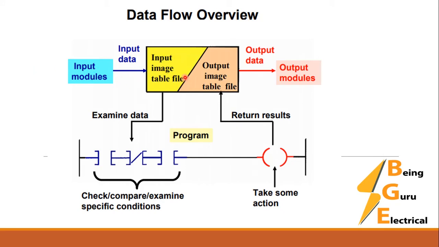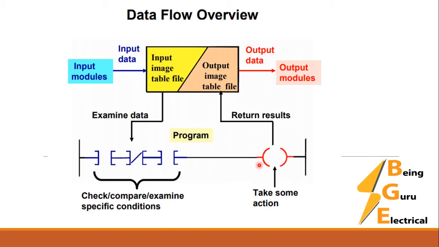So we have this ladder logic, and this ladder logic has some NO and NC contacts, and it has a program. This program is getting the data from this input image table, and based on this input image, it executes the program and gives the output. It takes some action.